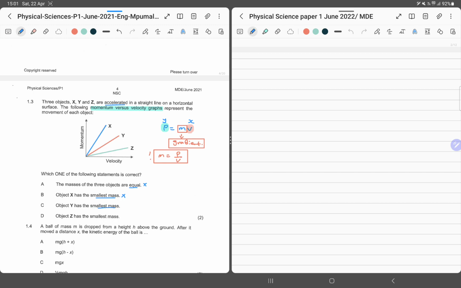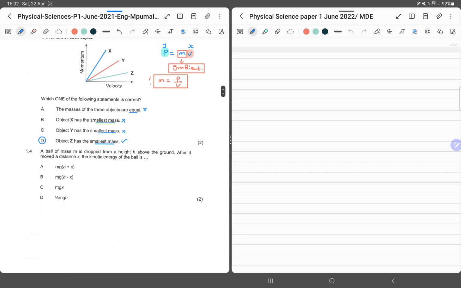Not smallest, but intermediate in this system of three objects, so it is not the smallest. Object z has the smallest, definitely, because you can see the gradient of z is gentler than the other two, so it means its mass should be smaller. So whenever you're given a graph, try to understand it in terms of what could be the equation that governs some of the dynamics there.